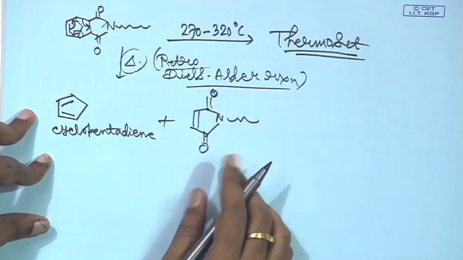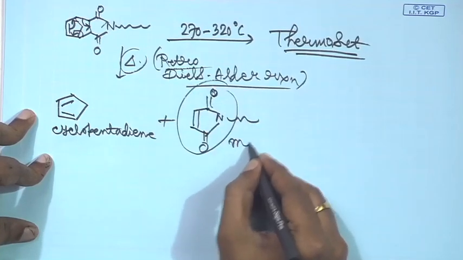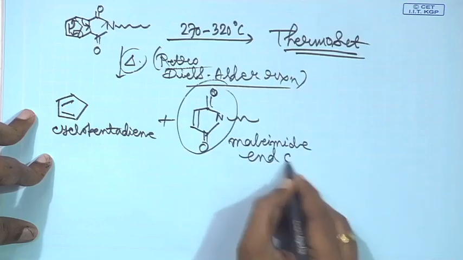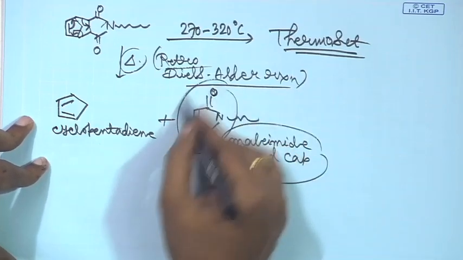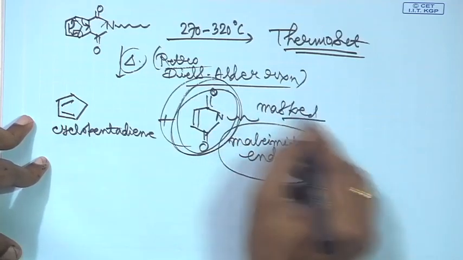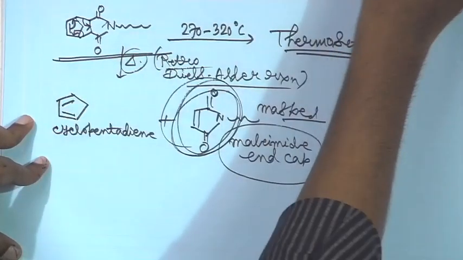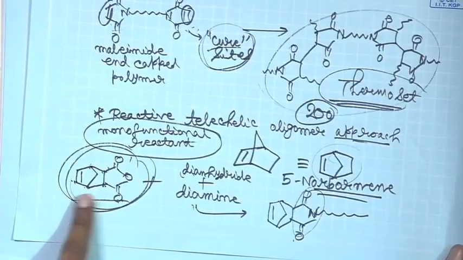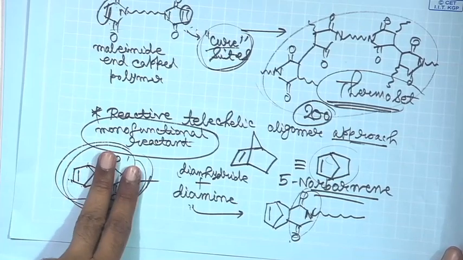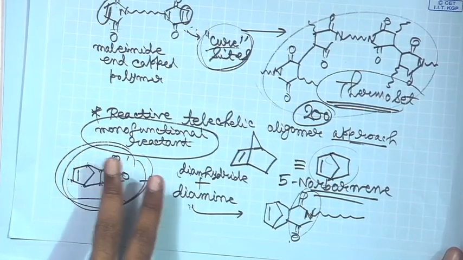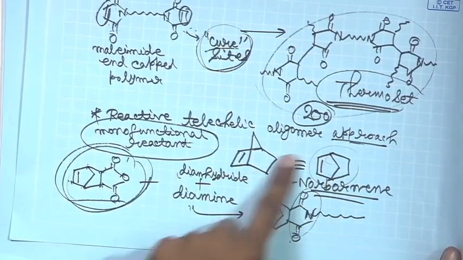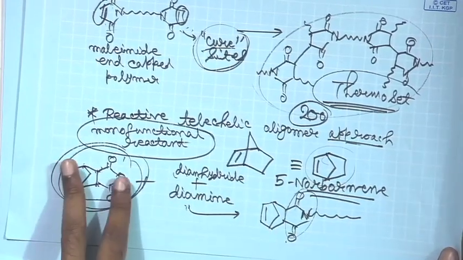On this side you have a maleimide end cap. So, basically it was a masked maleimide end cap unit to start with. So, you had a norbornene unit and you had a monofunctional monomer, in this case it is an anhydride that reacts with the amine, and then at the end of the polymer chain you will have this unit, an imide unit, because it is monofunctional.